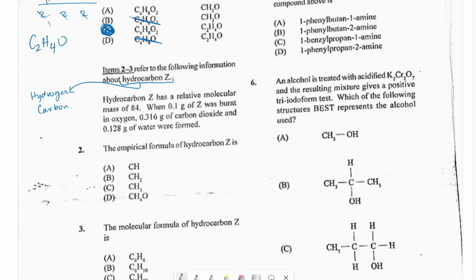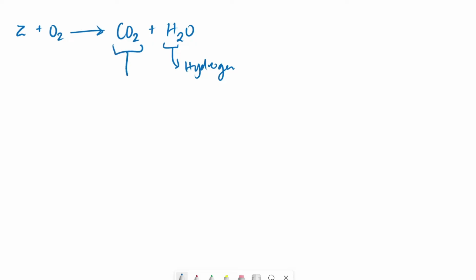We would have gotten the hydrogen from the water because if hydrocarbon Z is burnt in oxygen, that would result in the formation of carbon dioxide and water. So essentially the hydrogen would be from the water, while the carbon, we'd get that from carbon dioxide.